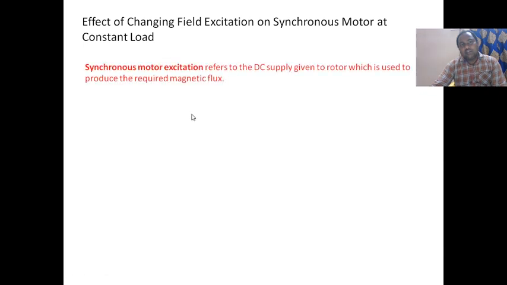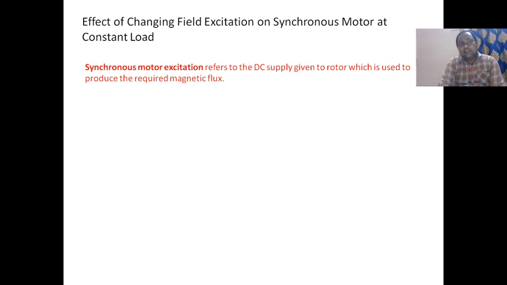Another important topic is the effect of changing field excitation on a synchronous motor at constant speed. What is meant by excitation in a synchronous motor? Change in excitation means increasing or decreasing the field current.